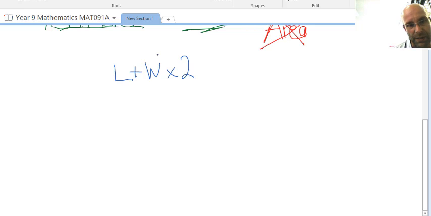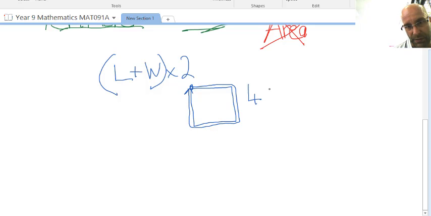The trouble with that is that sometimes people forget to put length plus width in brackets. So instead, I'd encourage you, for simple shapes, if this is, say, a square, it's still just the distance right around that plane shape. That's all it is. So that's why the formula is 4s, or 4 times the side.